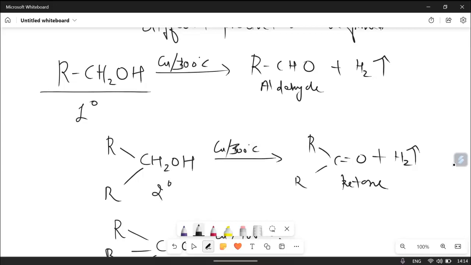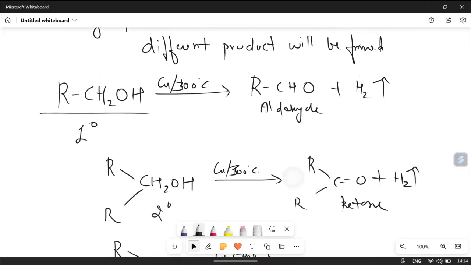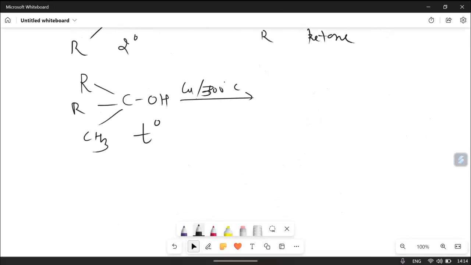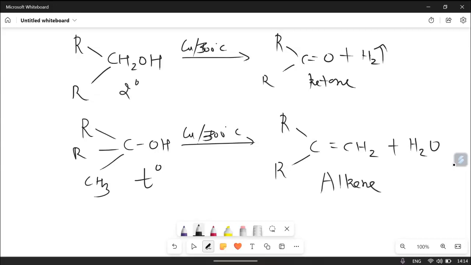You have to write down 300 degrees Celsius. So in this reaction, at 300 degrees Celsius, it will form RC double bond CH2 R. So alkene will be formed plus water molecule will be removed during the reaction.